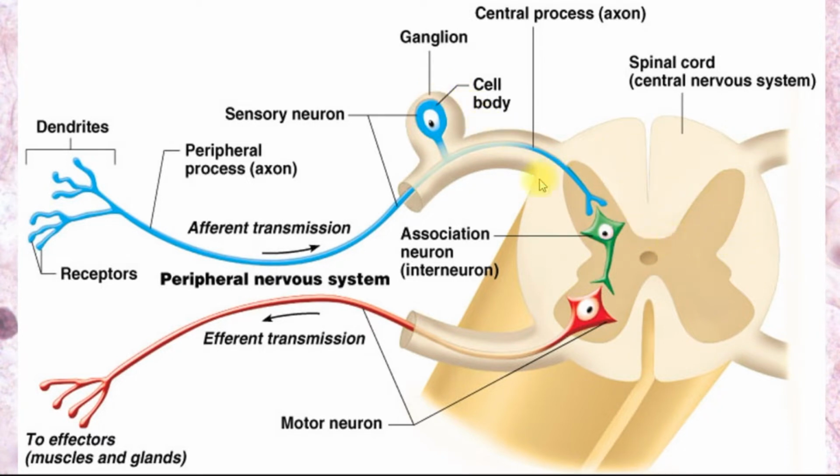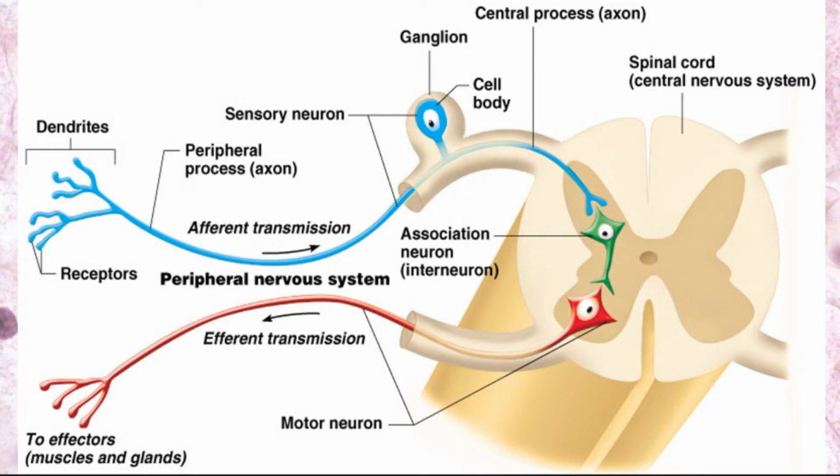For example, here we can see a cross-section of the spinal cord, and here we can see a spinal ganglion. It's present near the spinal cord, and there are sensory neurons. They have long dendrites and they are present in the peripheral nerves, and they uptake information from the outer environment.